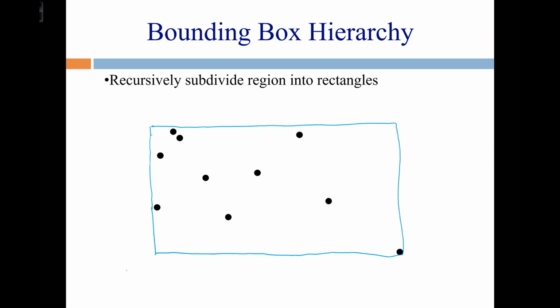There are lots of different possibilities. Like maybe I pick just these two, and that's one child, and then all the rest of them would be the other child. The goal is you want to minimize overlap, and you kind of want to minimize empty space. There are algorithms for doing that.